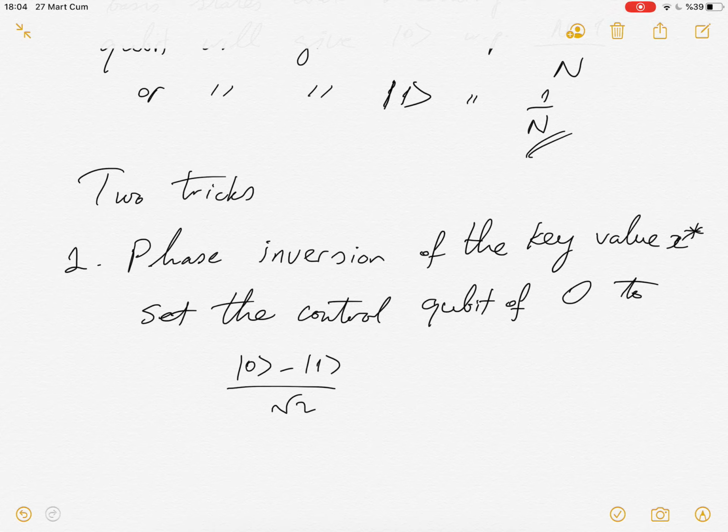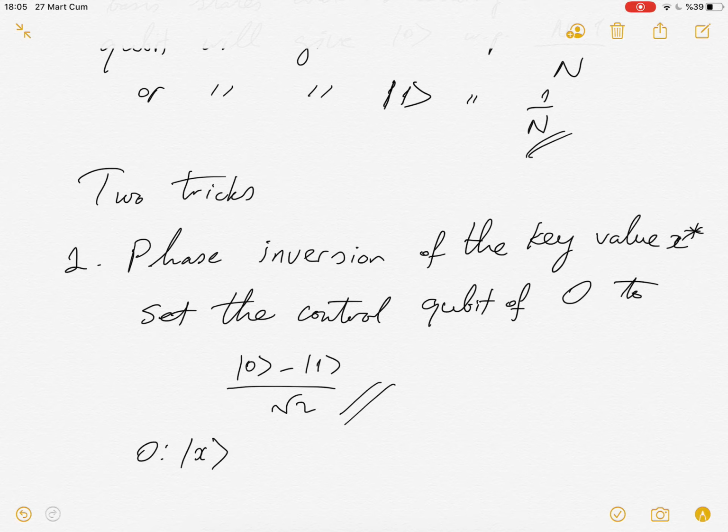So then the action of the oracle becomes, remember that if the control qubit of the oracle is the negative phase superposition, then it acts as an eigenvector, because this negative phase superposition state is an eigenvector of the oracle.